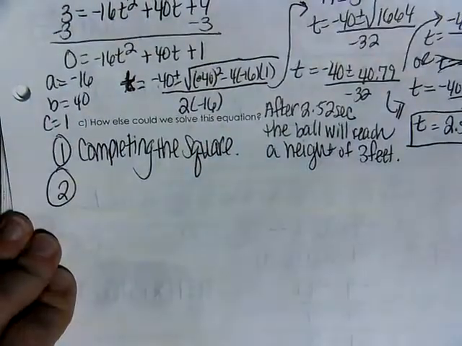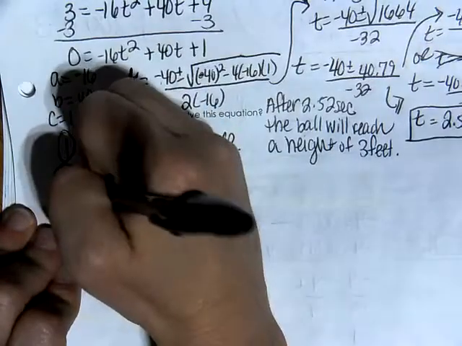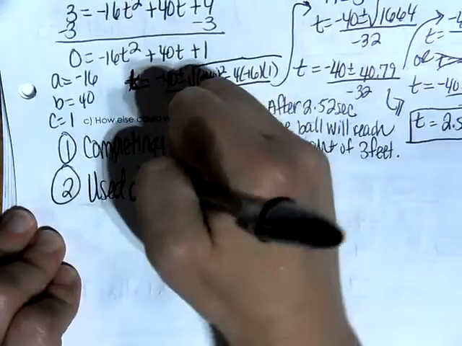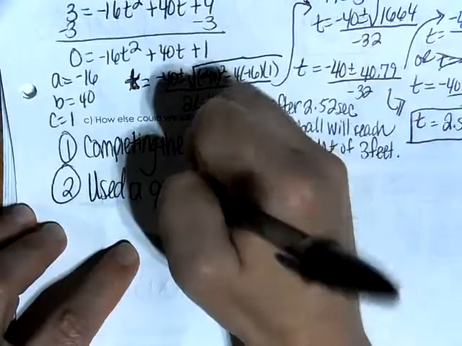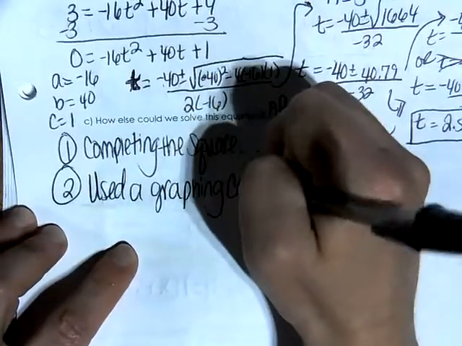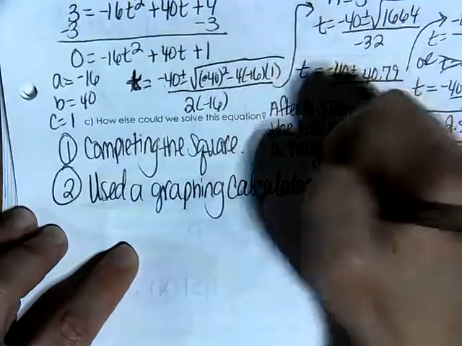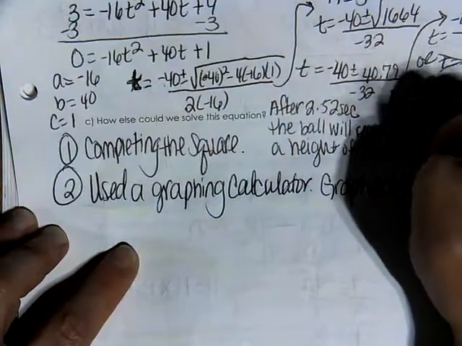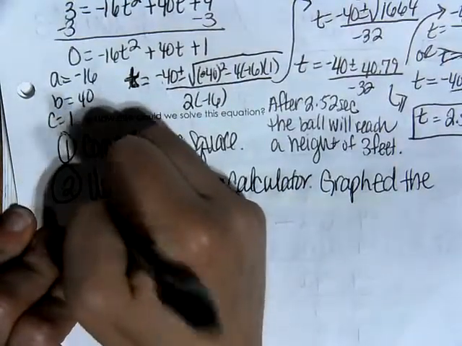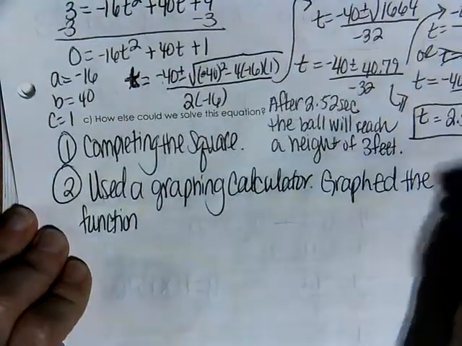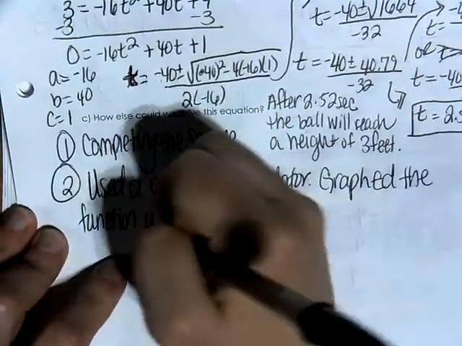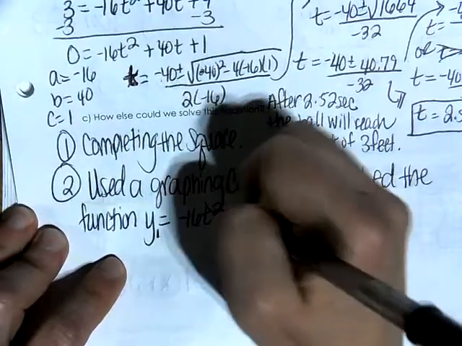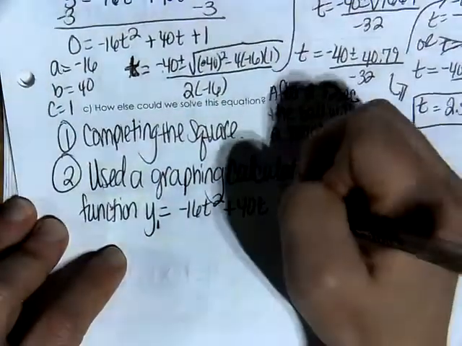The second way that you could have solved this problem is you could have used your graphing calculator. We could have graphed the function. And we would have put in y sub 1 equals negative 16t squared plus 40t, which would have been x, plus 1.